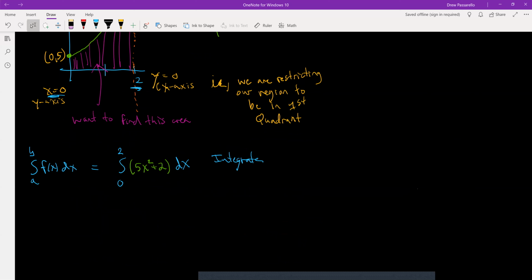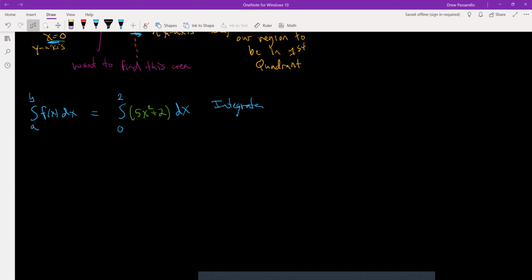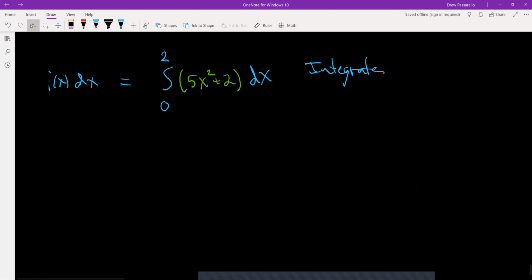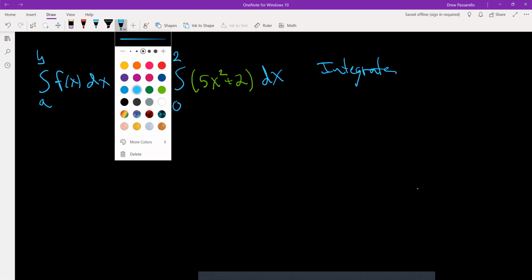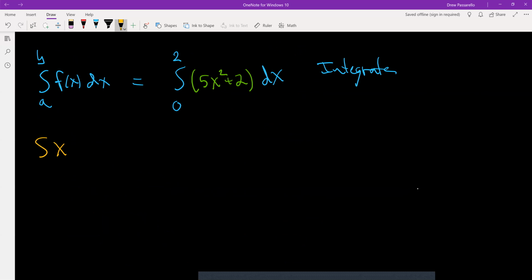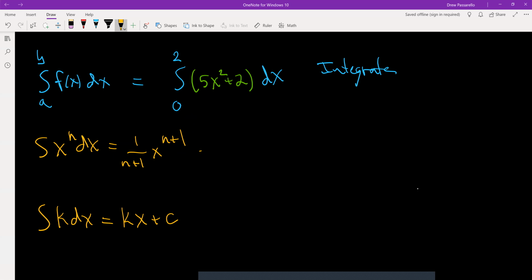Really all you need to do is set up the integral, but I think it helps to visualize what's going on. So for integrating this, we know that's one of the rules I'm going to use, and then when we integrate 2, that's a constant. Integrating a constant gives you the constant times that variable. These are the rules I'm going to apply.